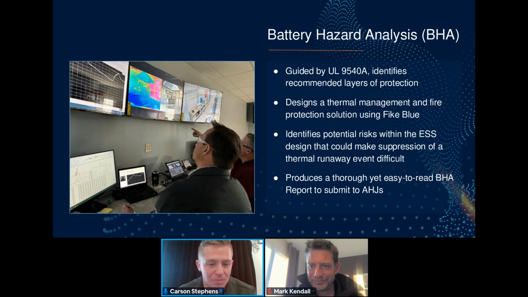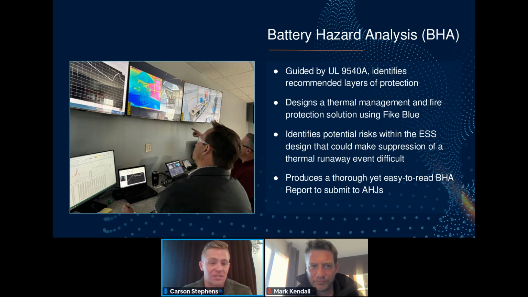And why it's important is that it helps a project engineer. It helps a company develop a mitigation roadmap. What I mean by that is it looks at what your technology is. How hot does it burn? How much FIKE Blue does it take?